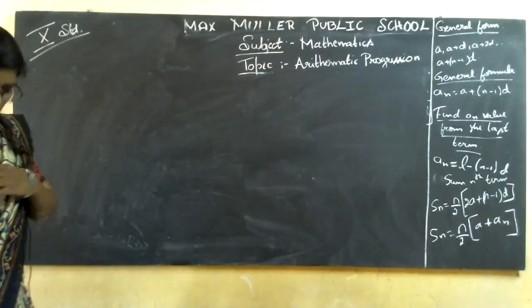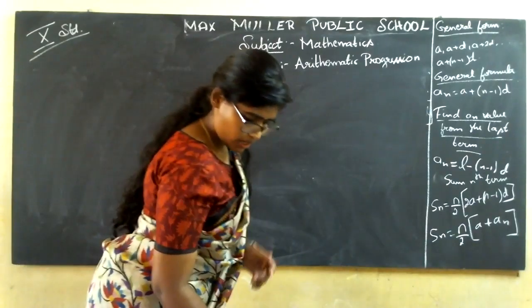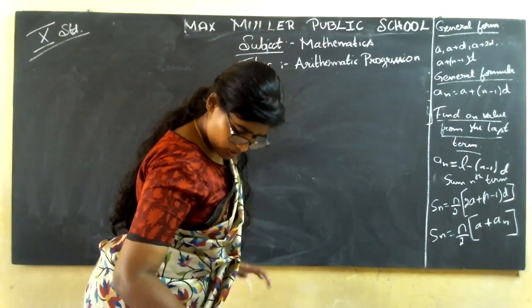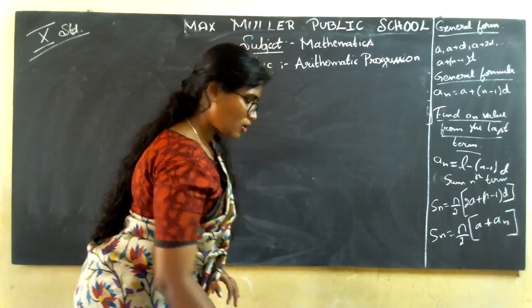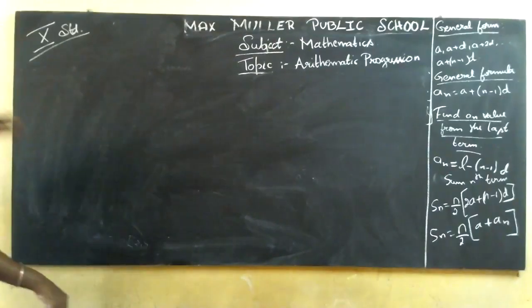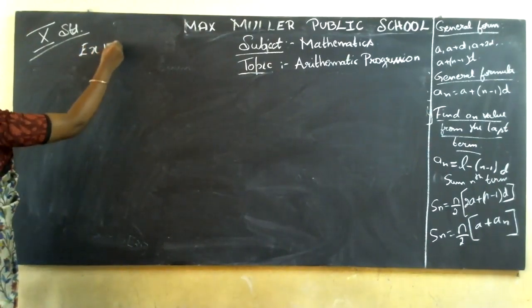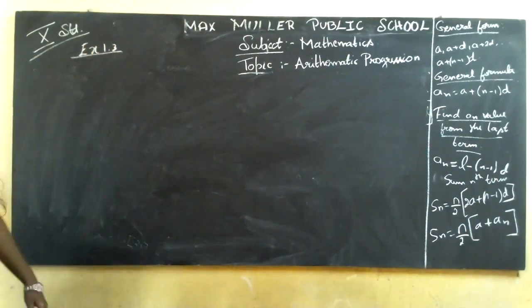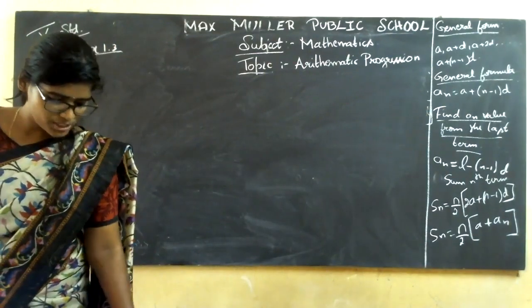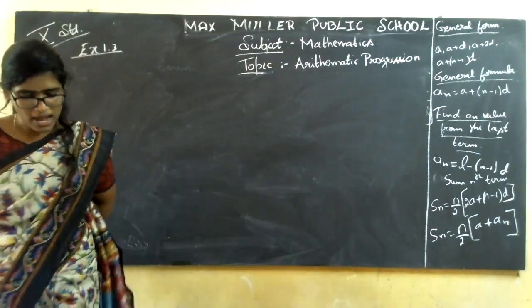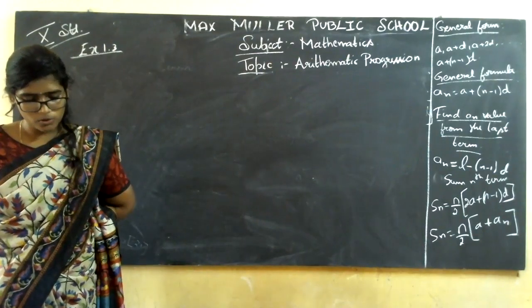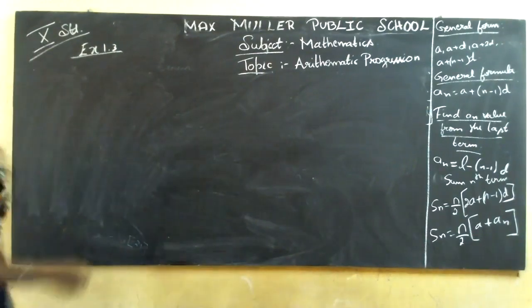How many sums do you have in exercise 1.3? You hardly have 4 sums, that's all. Only 4 sums you have. So 2 I'll do, 2 you are going to do. Which you are going to do, which I am going to do? I'll do 2 and 4, you do 1 and 3. Okay? Homework.